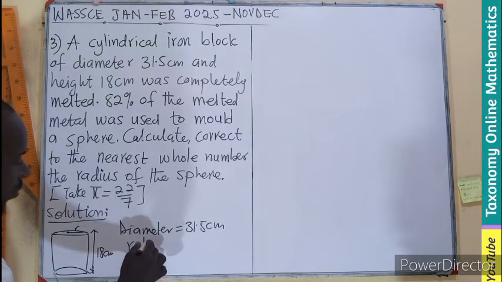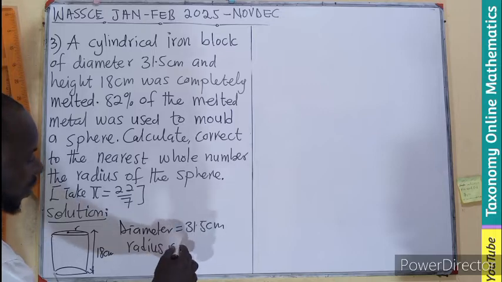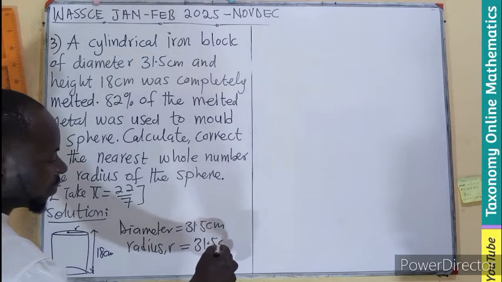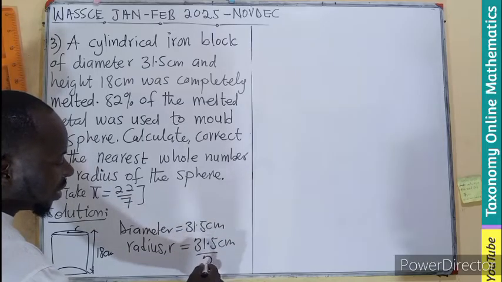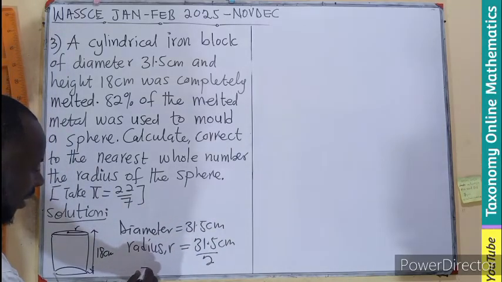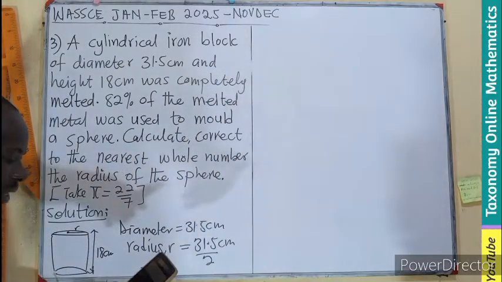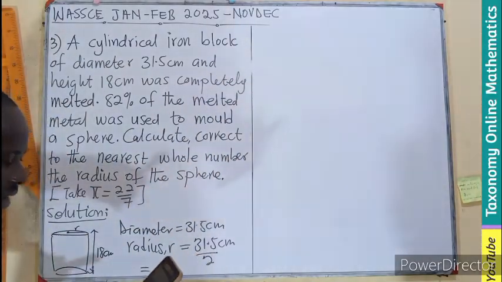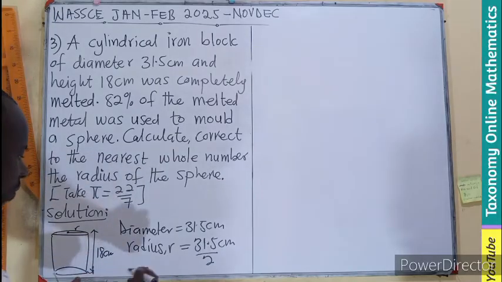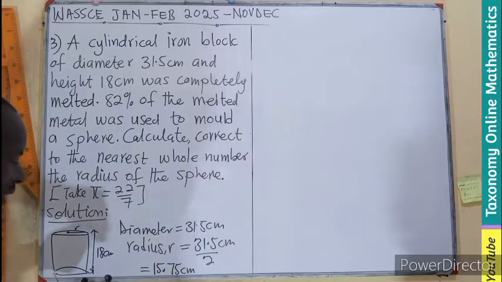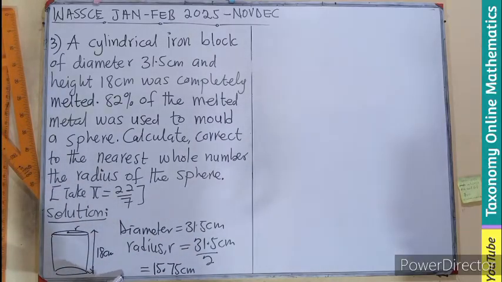Therefore, the radius, R, will be the diameter over 2. So 31.5 centimeters divided by 2. If you calculate that on our calculator, it should be 15.75 centimeters. So this is the radius.